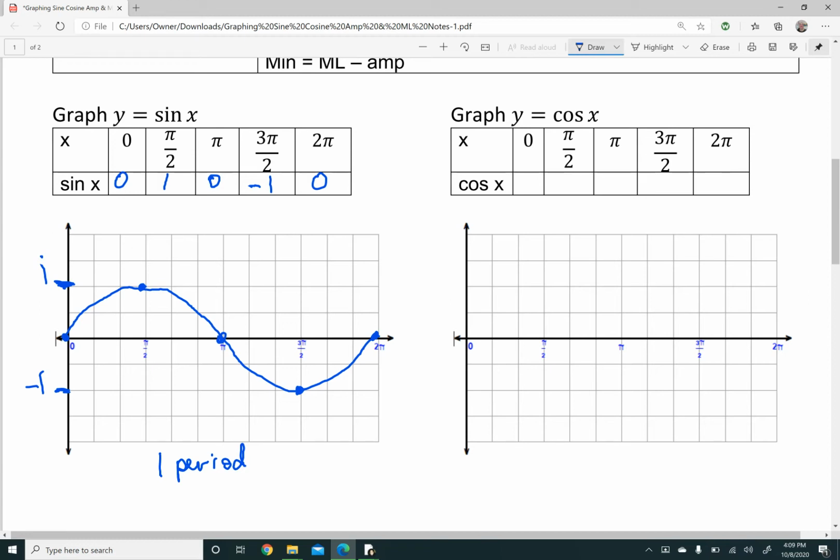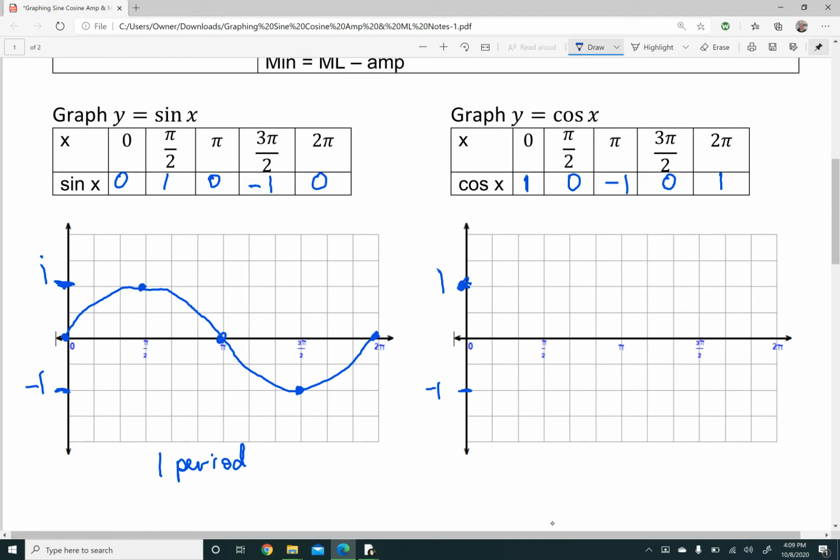Cosine is the x value. So the x value at 0 on your unit circle is 1. At pi over 2, it's 0. At pi, it's -1. At 3 pi over 2, it's 0. And at 2 pi, it's 1. So again, we'll make this 1. We'll make this -1.